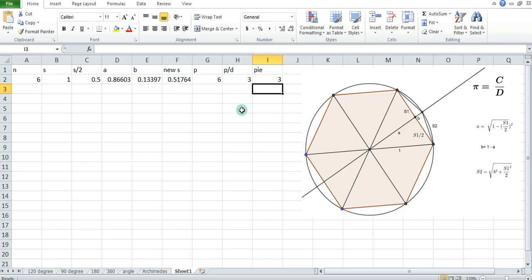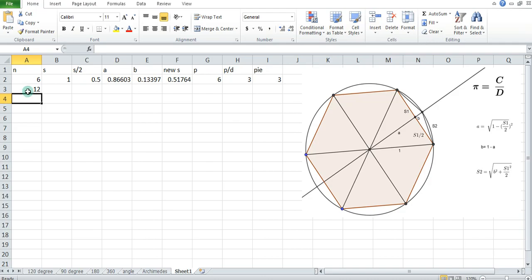So likewise we are going to increase the number of sides of the polygon. Here we are going to add another formula, which is this one multiplied by 2.